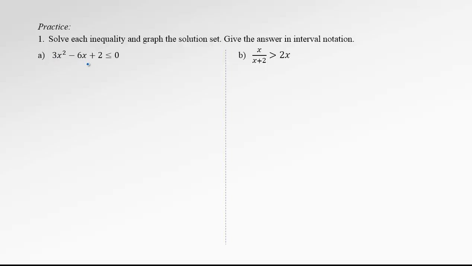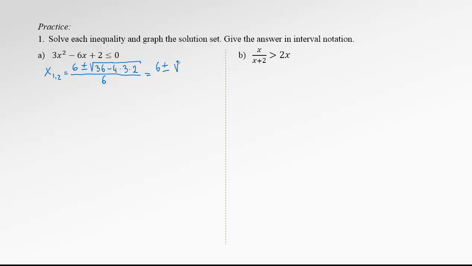Therefore, it will be useful to find the roots of this parabola. We can do it by using the quadratic formula. x1,2 is equal to negative b, which is 6, plus or minus root of b squared, which is 36, minus 4 times a times c. Okay, everything over 2 times a, which is 6. Okay, so we have 6 plus minus root of 36 minus 24.